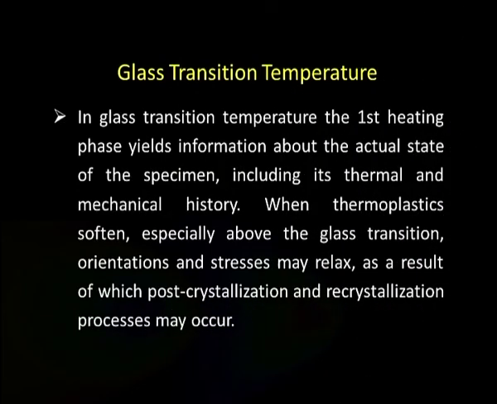In glass transition temperature, the first heating phase yields information about the actual state of the specimen, including its thermal and mechanical history. When thermoplastics soften, especially above the glass transition, orientations and stresses may relax, as a result of which post crystallization and recrystallization processes may occur.